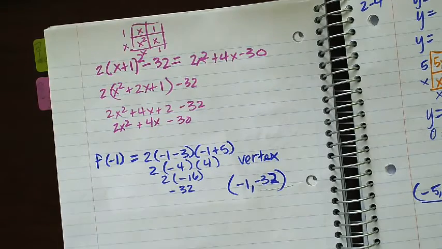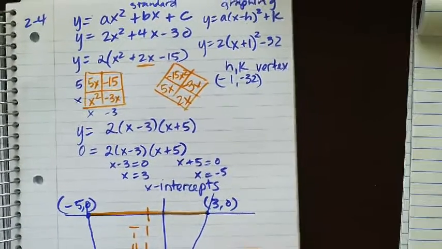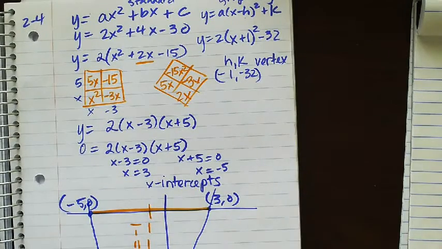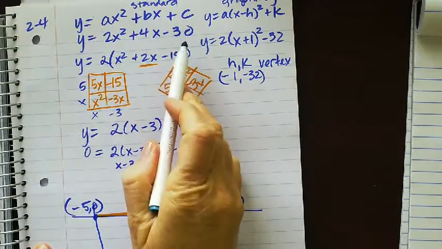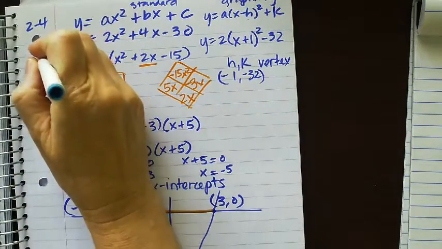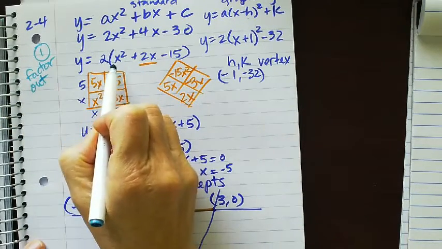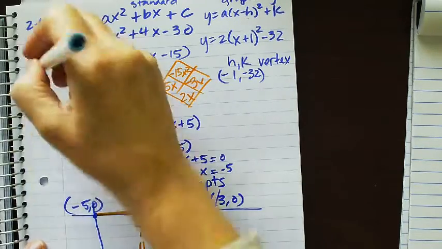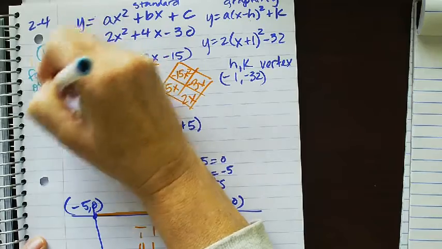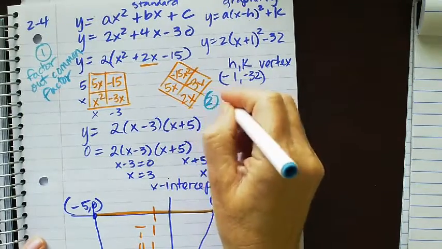So it's a lot of algebra to check, but to get the vertex, it's not too bad. Just getting your x-intercepts. So your first step is, if you have a common factor, to factor out that common factor. That was the first thing we did. If your leading coefficient is not 1, I definitely see if you have a common factor. Okay, and then we factored the quadratic expression.